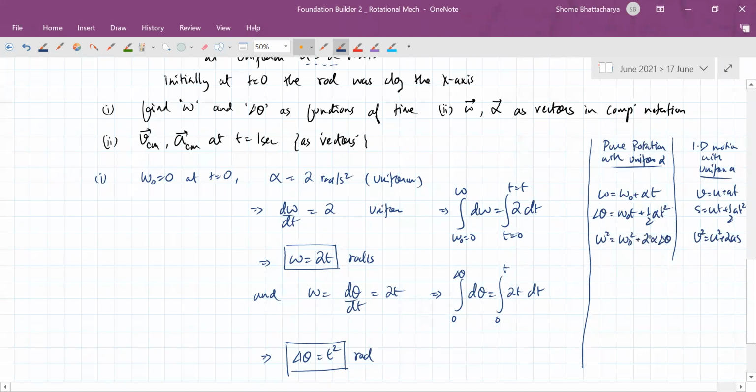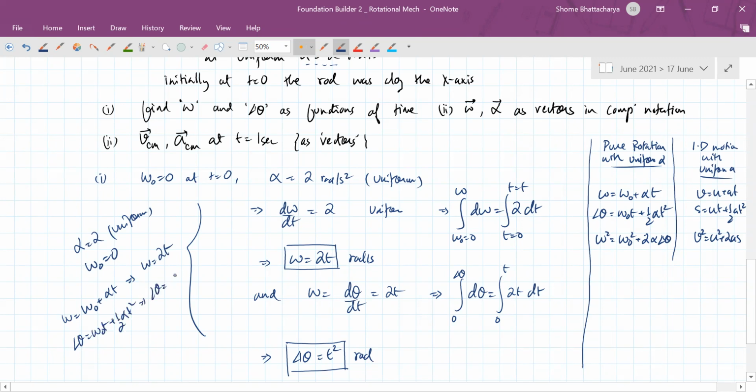So you can also think of this as the special case where alpha is 2, omega naught is 0. So omega is equal to omega naught plus alpha t. Delta theta is like ut plus half at square.